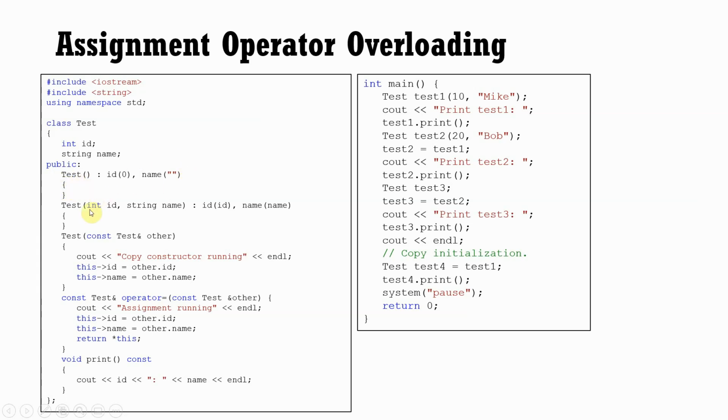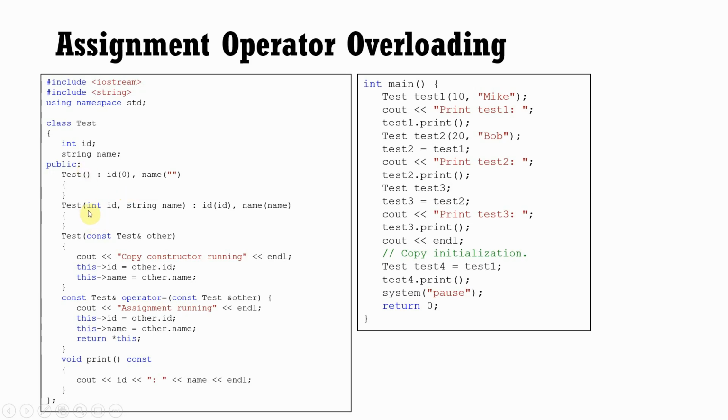Because it figures, oh, you remembered to write a non-default one, so there's no need for me to create a default one for you. So in that case, if you have a non-default constructor and you don't have the default one, and you try to instantiate an object that needs the default constructor, you're going to get an error because the compiler is not going to generate one for you anymore.